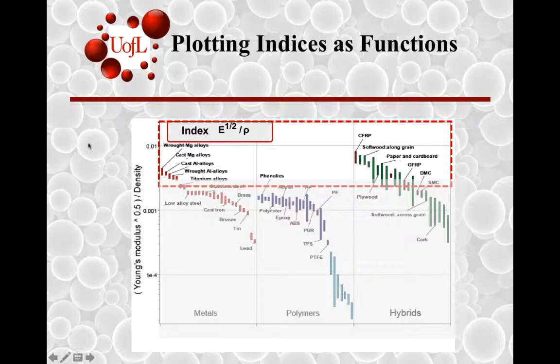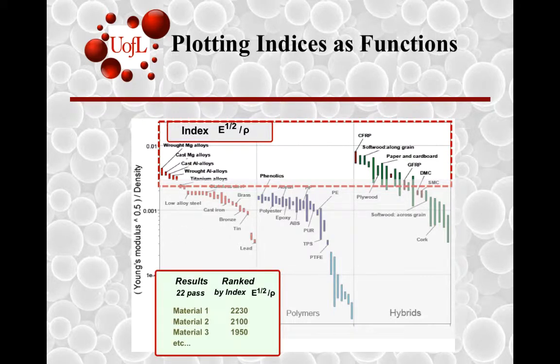If you plot this E to the power half divided by rho material index, you can, depending upon the criterion of this value, group the possibilities in a bar chart and come up with carbon fiber reinforced plastics, magnesium alloys and aluminum alloys as major possibilities, with titanium alloys being at the edge of the box, for instance, in a similar manner.